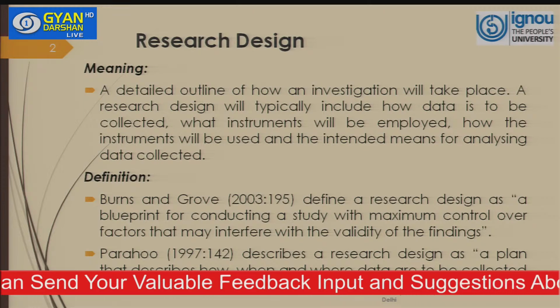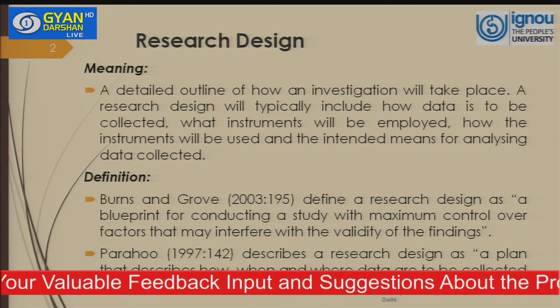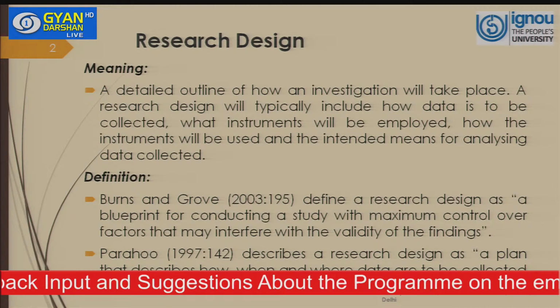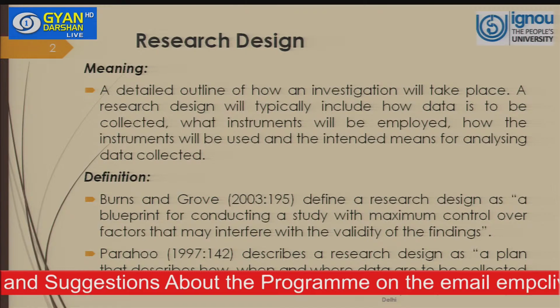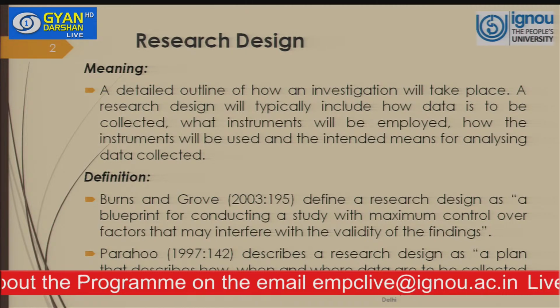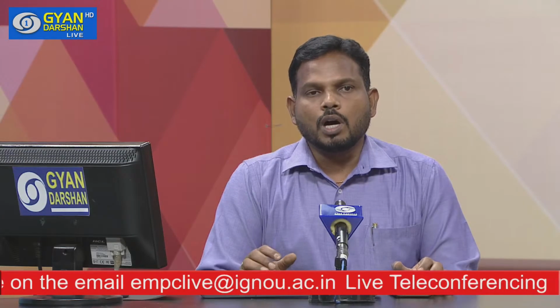And the second definition, which has been provided by Polit in 1997, describes the research design as a plan that describes how, when, and where data are to be collected. So from these two definitions and the meaning of research design, we would have got an idea what research design is all about.